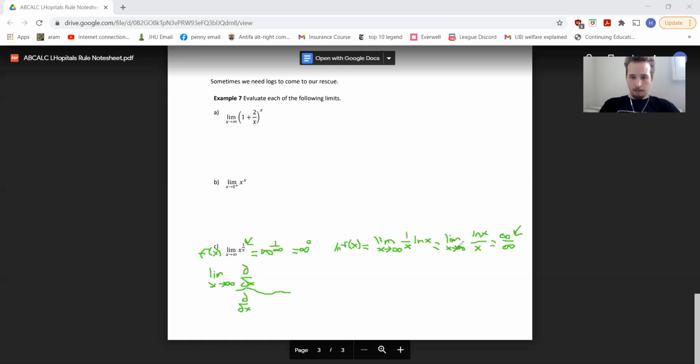We have ln of x here, and we have x down here, right? If you were to differentiate both together, you'd have to use the quotient rule, but we're not doing that. We're differentiating the numerator and denominator separately, which makes it a lot easier for us, actually.